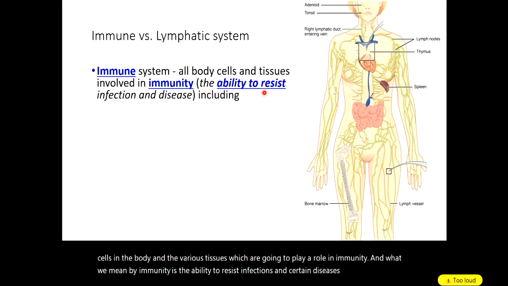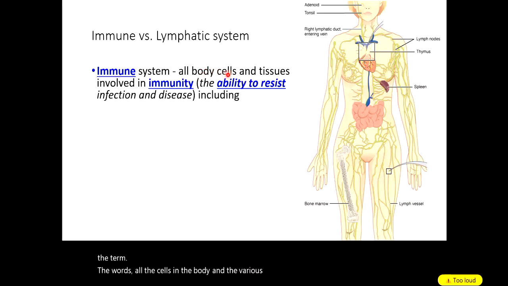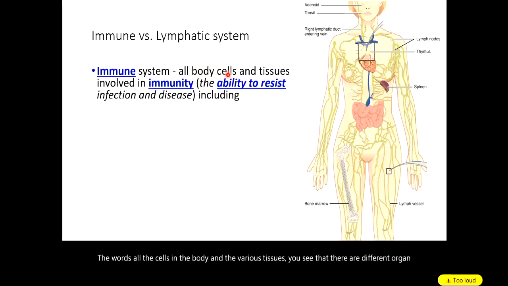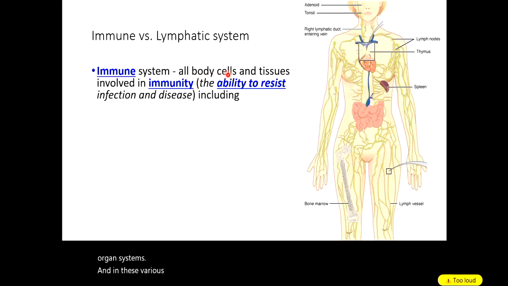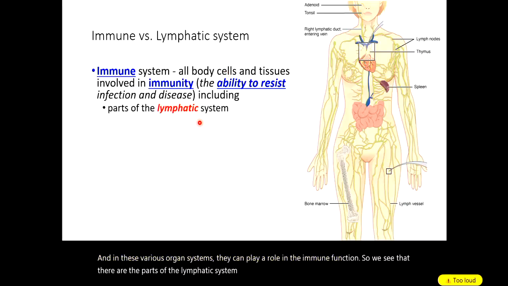So when you look at the words all the cells in the body and the various tissues, we see that there are different organ systems, and in these various organ systems they can play a role in the immune function. So we see that there are the parts of the lymphatic system which will play a role in the immune function. This is something we'll discuss later in today's lecture.